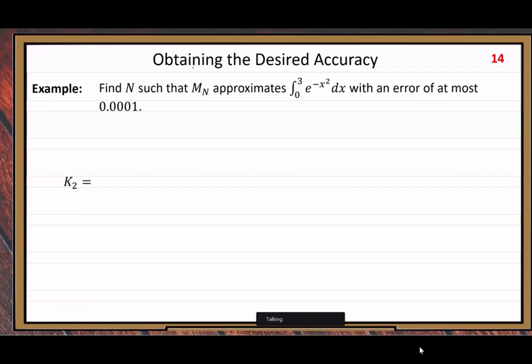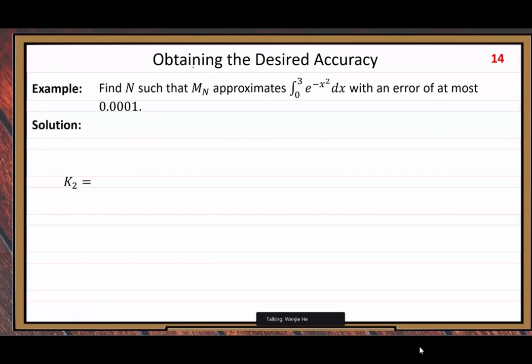Our goal is to control the error upper bound to at most 0.0001, and we want to see how many terms, capital N, is enough.